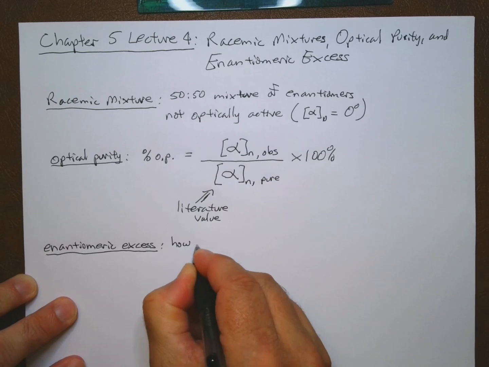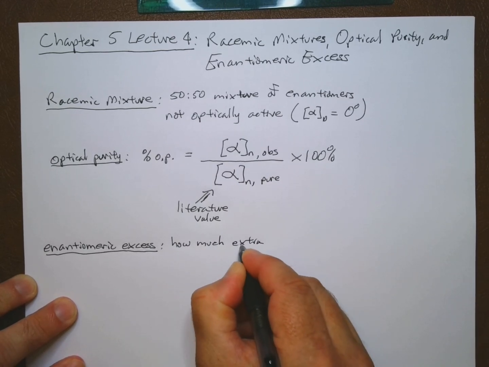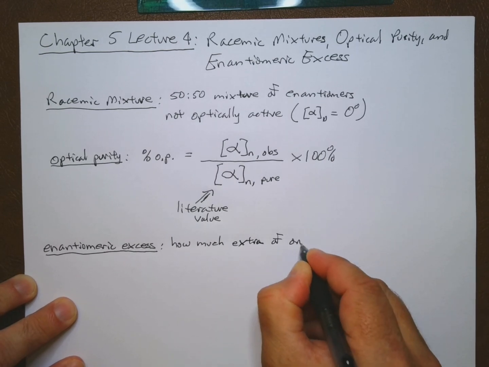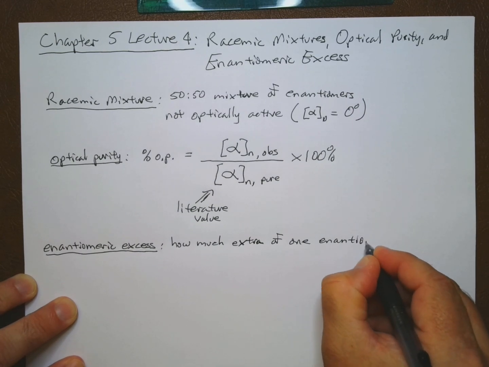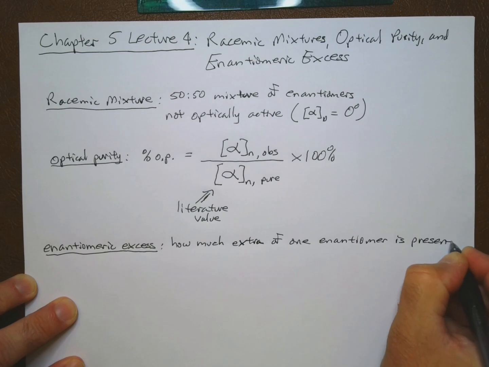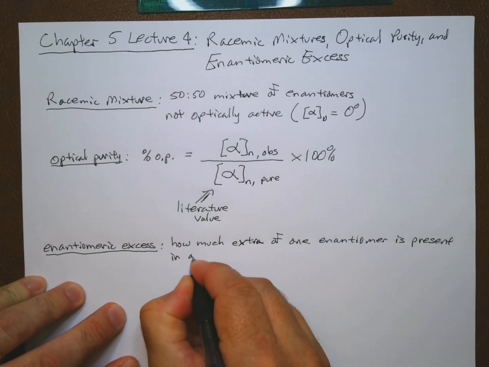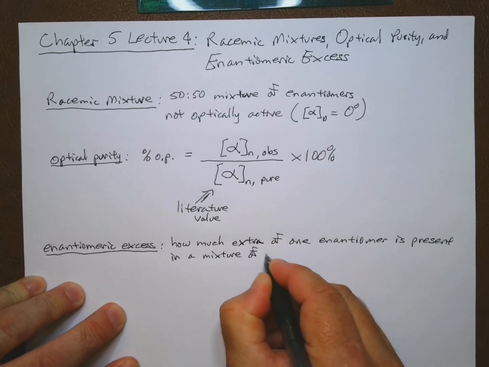And so this is how much extra of one enantiomer is present in a mixture of enantiomers.